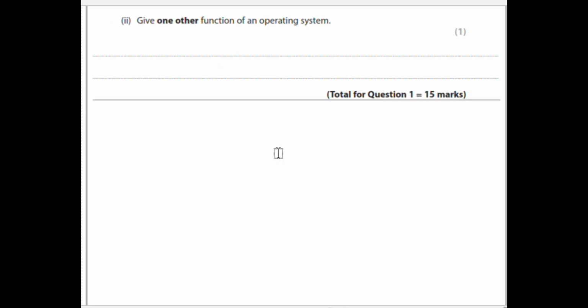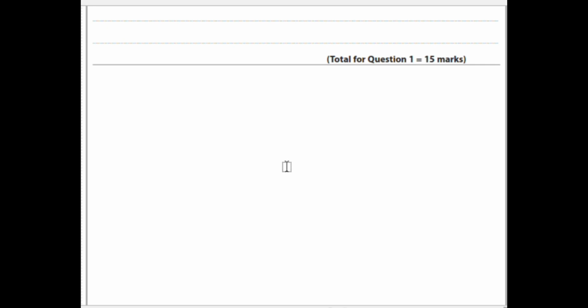And then we have input and output management. The OS will manage the input devices and also the output devices. Without the OS, you might not be able to see whatever you are seeing on the screen, because the OS controls that. It controls the input and the output of your system.